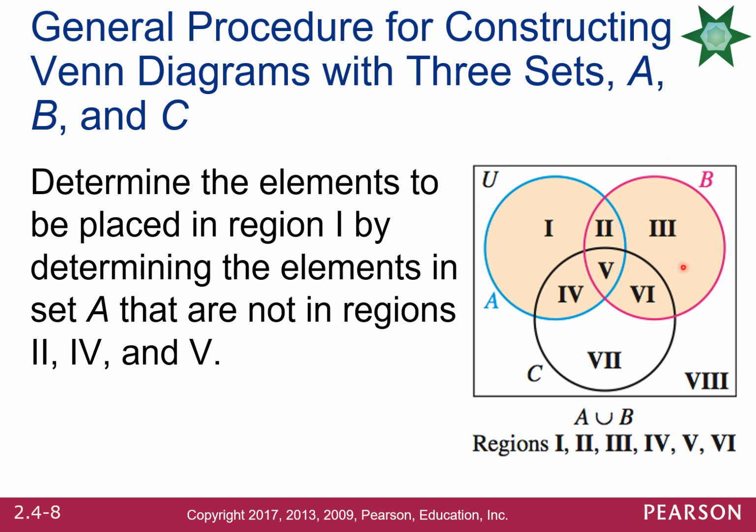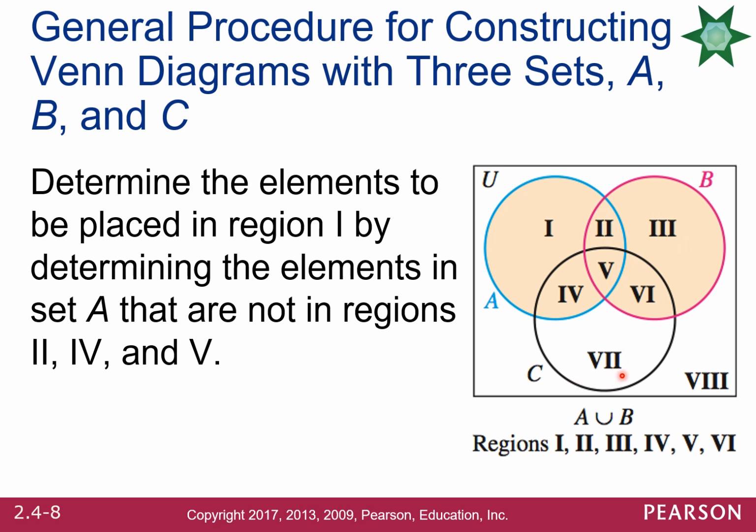Likewise, in region 3, we are going to place all elements that are unique to set B. That means elements in set B that are not common to set A or set C are going to be placed in region 3.